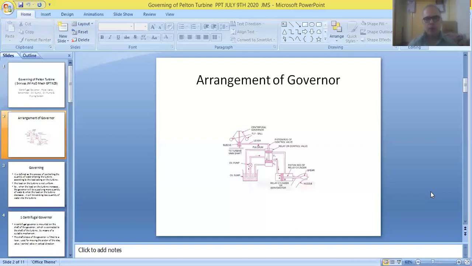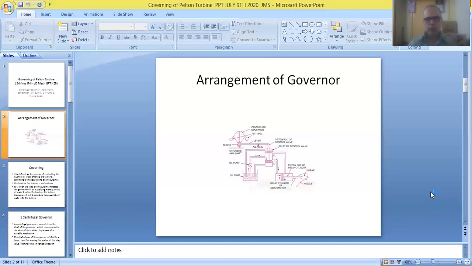Unless we control the quantity of water, we cannot control the speed of the turbine. And unless we control the speed of the turbine, we cannot control the speed of the generator. And unless we control the speed of the generator, we cannot protect the life of the generator. So for protecting the life of the generator, we have to control the speed of the generator.